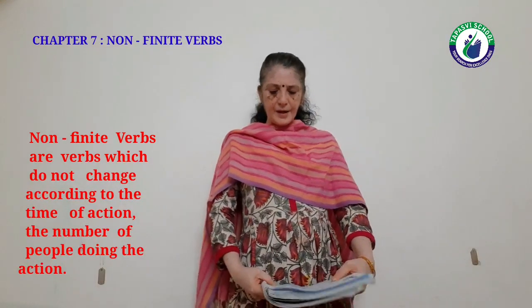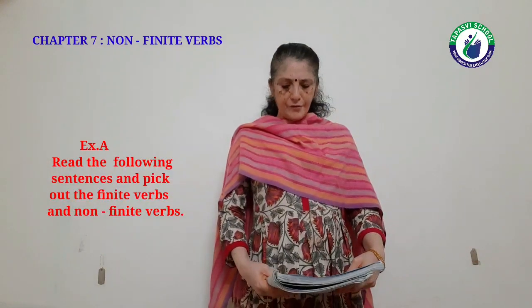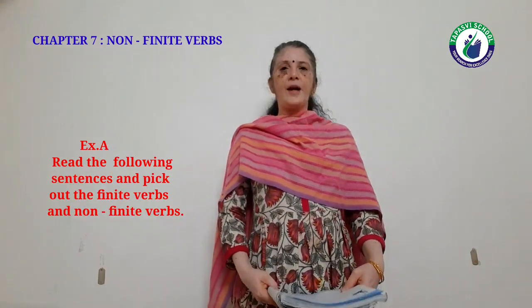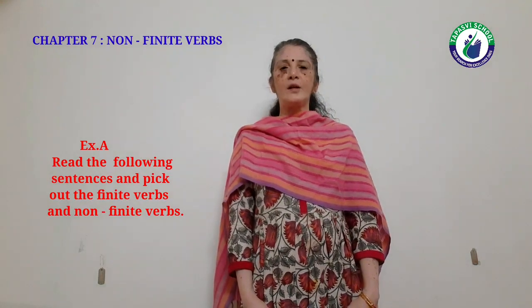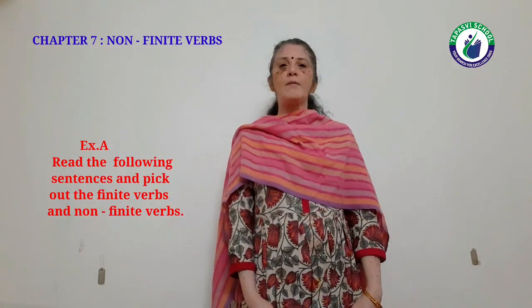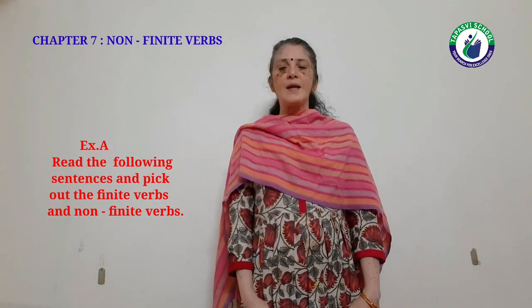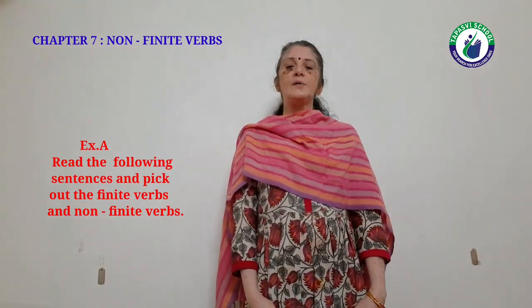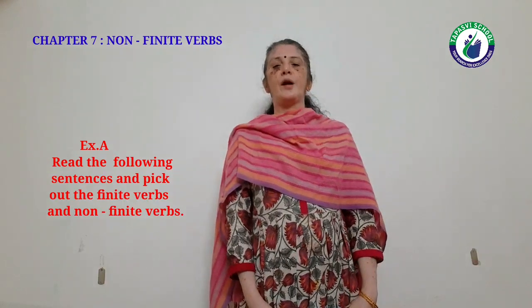Now see here, we have to do the exercise A. Read the following sentences and pick out the finite and non-finite verbs. First one, he will resolve the issue. So here, will resolve is a verb and it is finite verb. The swimmer set a new record.